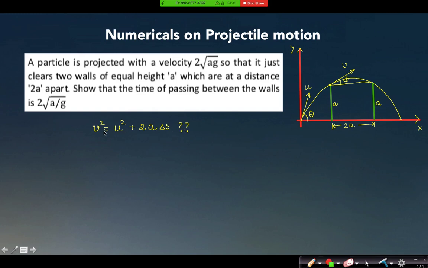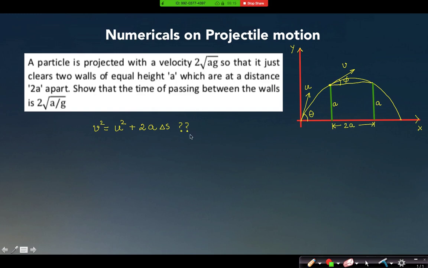Sir, give vector sign. Look, this equation only talks about modulus. How can I put a vector sign with that? V square cannot be a vector. Yes, you can write v dot v, you can write u dot u, but that will be a complicated equation. I am only talking about the modulus. Can I write these modulus terms in this equation like this?